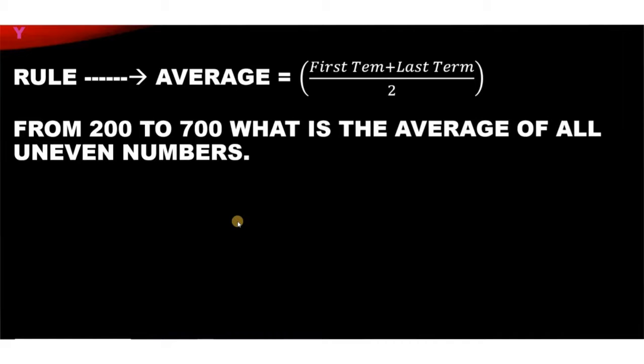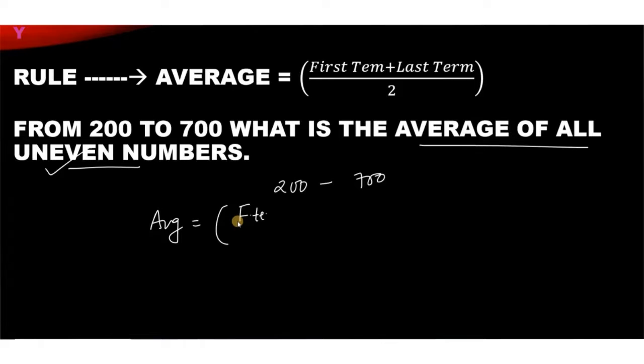The example says that from 200 to 700, what is the average of all uneven numbers? What is the number which is uneven? So what you need to do, how we are going to find out the average? So here the average is equal to first term plus last term divided by 2.